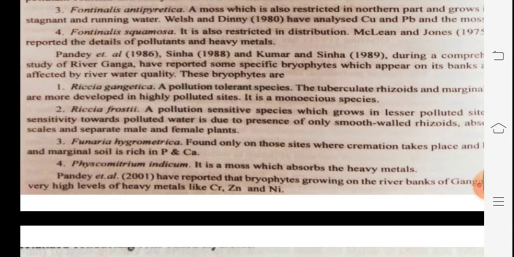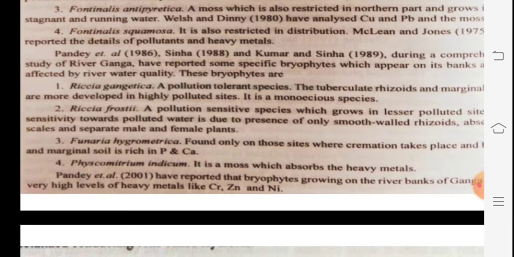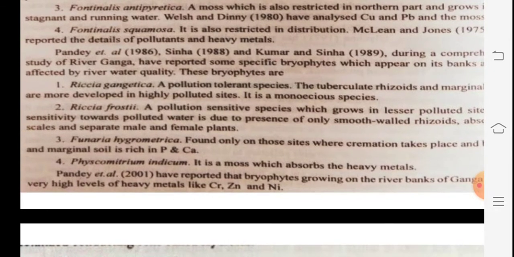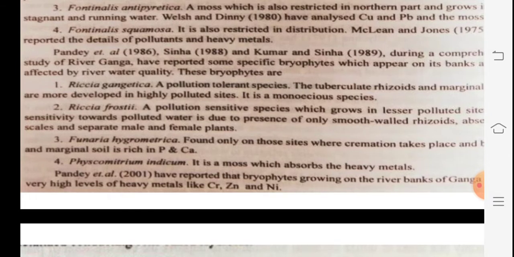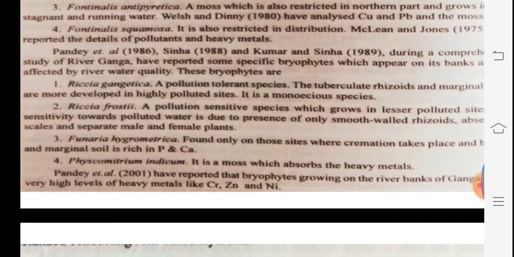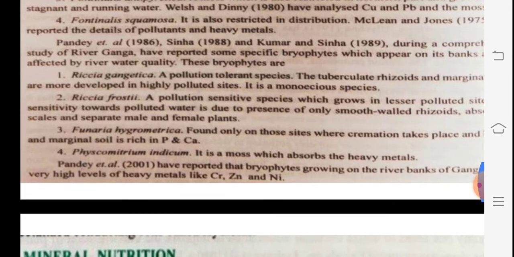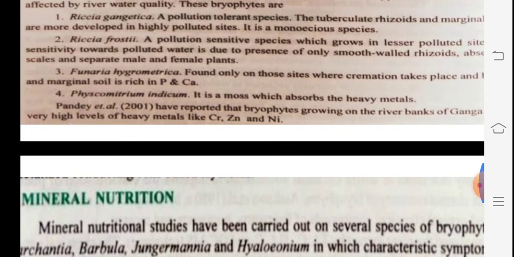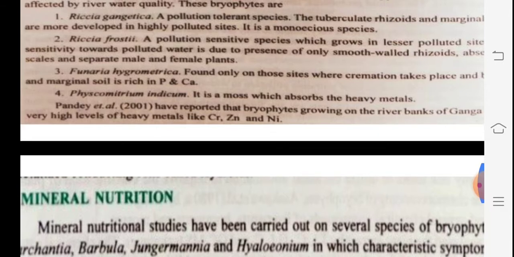Then our Indian scientists Pandey in 1986, Sinha in 1988, and Kumar and Sinha in 1989 showed that along the river Ganga near the Kanpur region, bryophytes appear on the banks affected by the river water quality. Riccia gangetica shows tuberculate rhizoids, and the marginal ones are generally more developed.